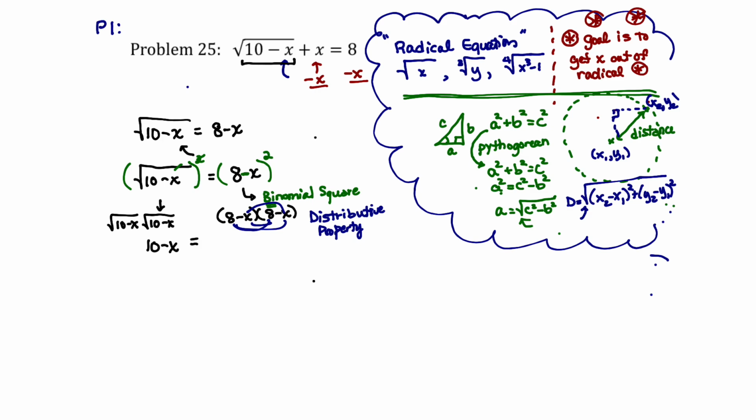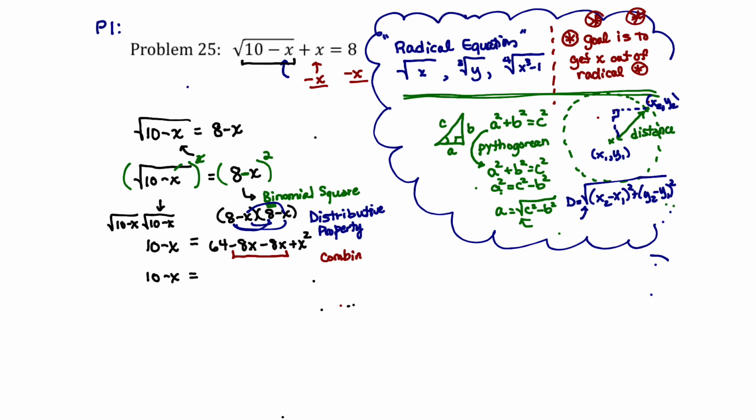Doing so results in the following: 8 times 8, which is 64, and then 8 times negative x, which is negative 8x, and negative x times 8, which is negative 8x, negative x times negative x, which is positive x squared.